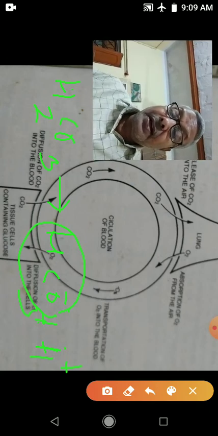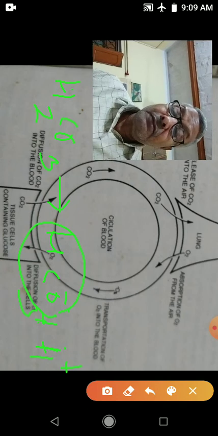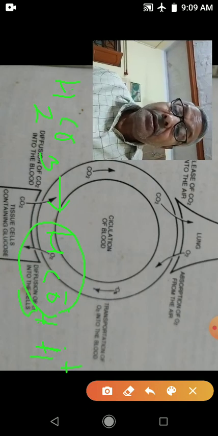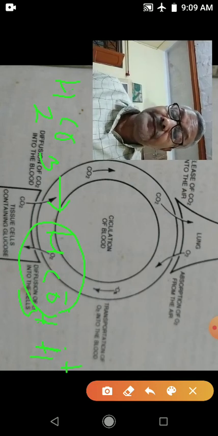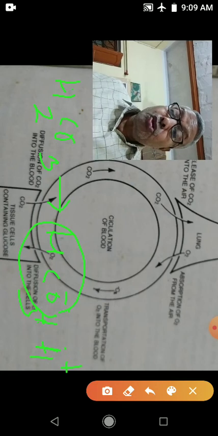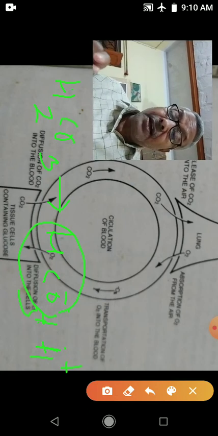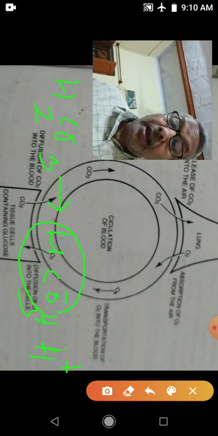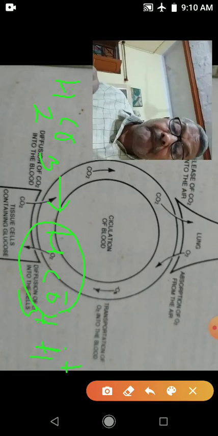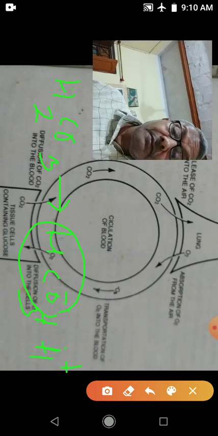It will combine with proteins and form carbamino compound. Carbamino protein in plasma and carbamino compound in the blood.